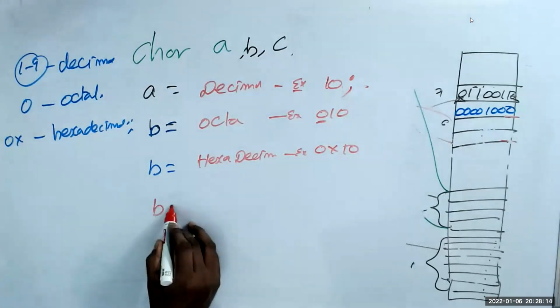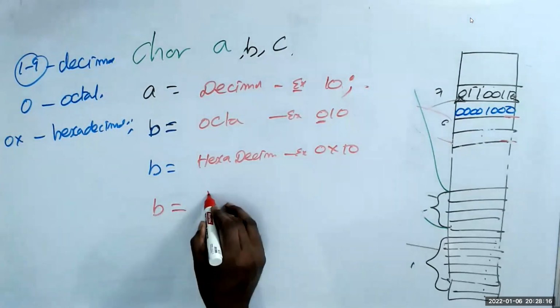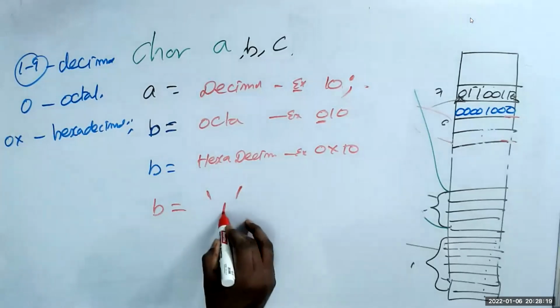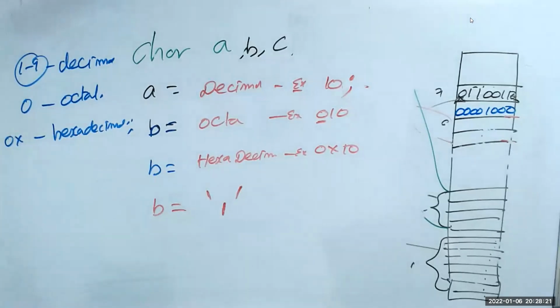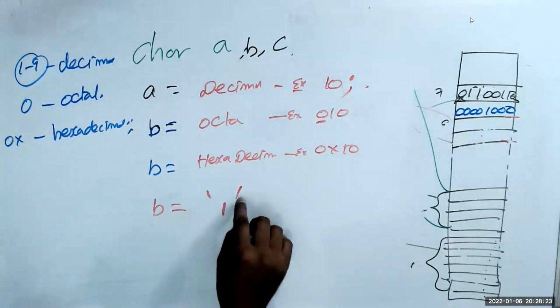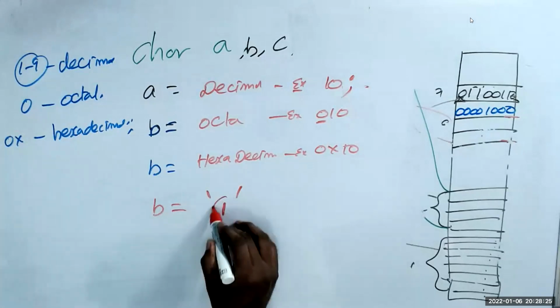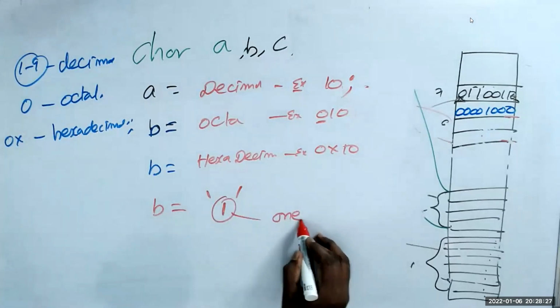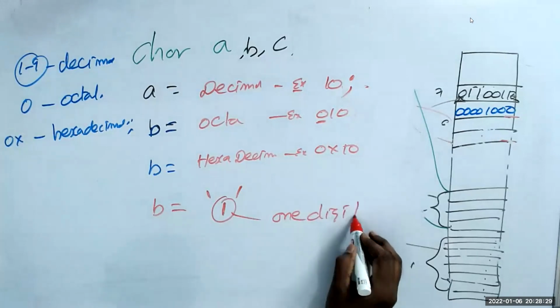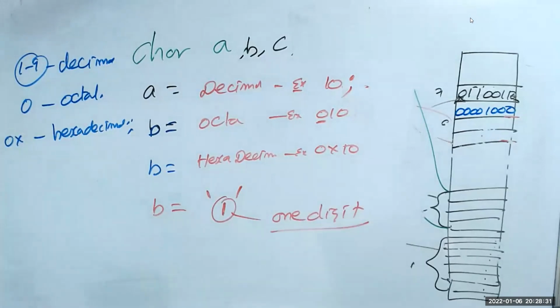Now the third one is there. That I say B equal to, within quote, 1. Within quote, but single quote. If you put single quote, I can give only 1 digit. That's all to see. Don't ask me why. These are all rules defined by Dennis Ritchie. I am just a middleman.